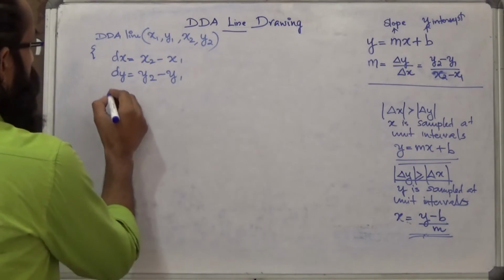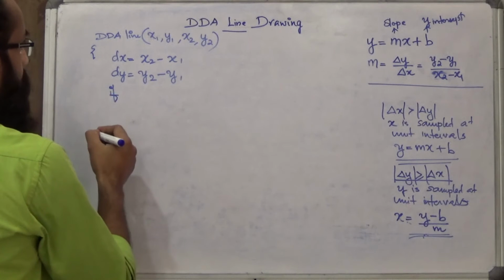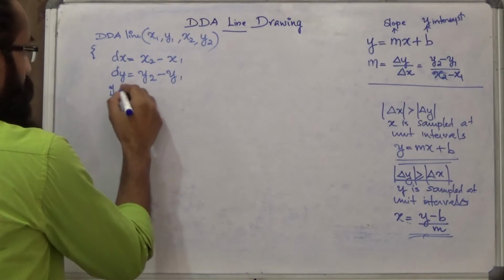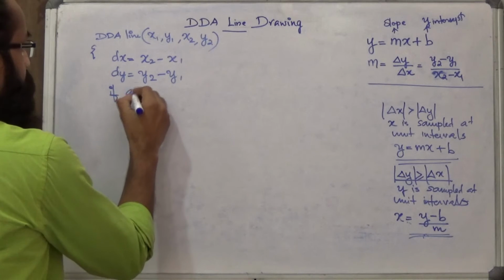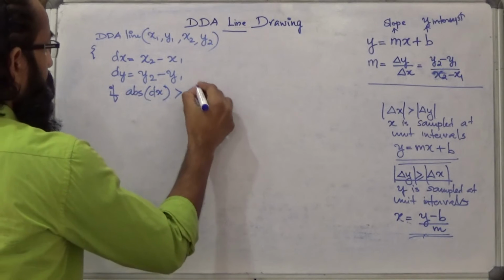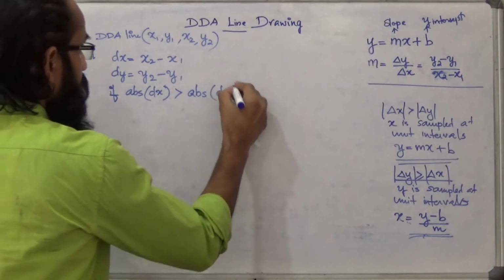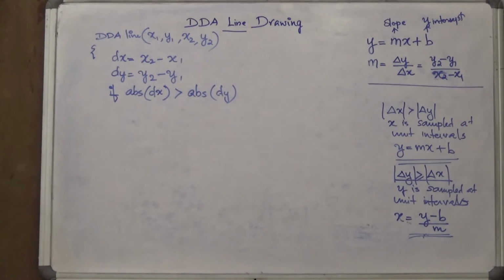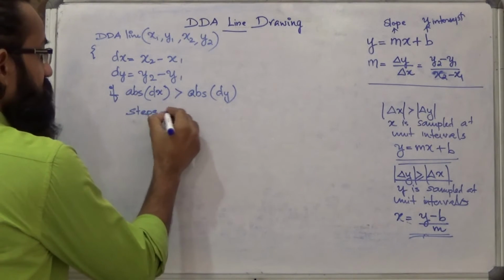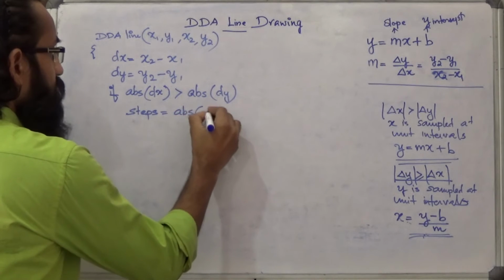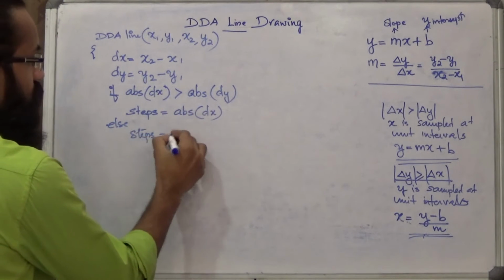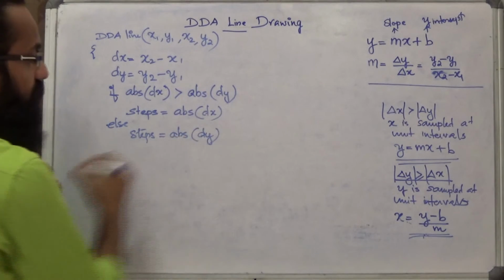Now, as I said, how to check if the absolute value of dx is greater than the absolute value of dy, that is magnitude of dx greater than dy, then you have to take a variable, let it be steps. Steps is equal to absolute value of dx, else steps is equal to absolute value of dy.